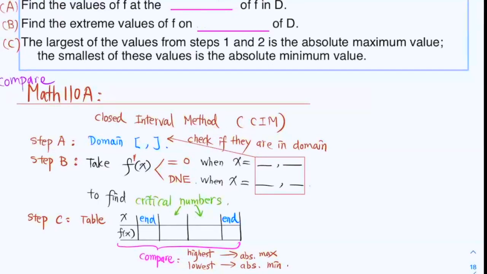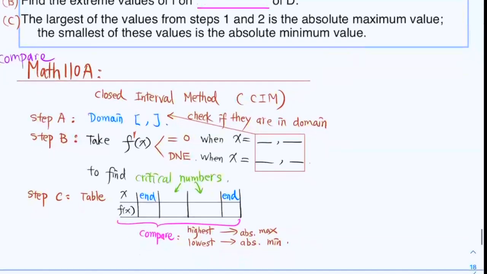If they give you a closed interval, you restrict the domain to that closed interval. Then the second step, you take the derivative to find critical numbers. You set it equal to 0 or does not exist to find those critical numbers, and see if they're inside this closed interval.